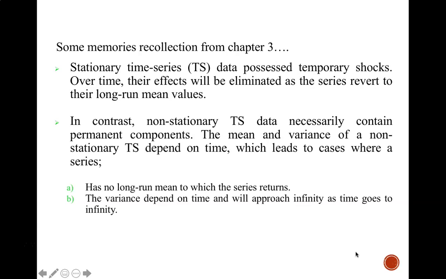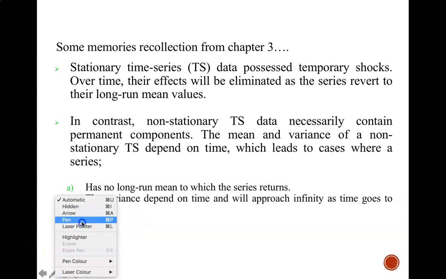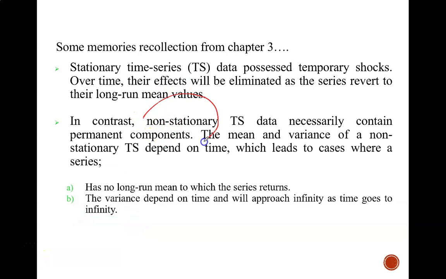So that's the reason behind this. This non-stationarity is the main reason behind the nonsense, or what the literature calls spurious regression.